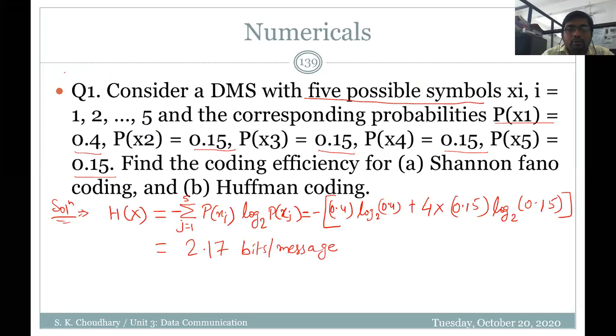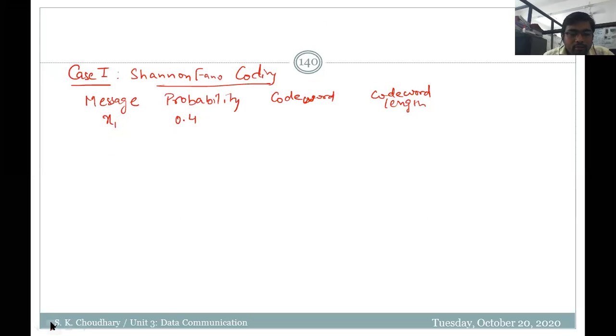Then X2 has 0.15, X3 the same value 0.15, and X4 and X5 also have the same probability 0.15. Now you have to generate the codes for the corresponding source symbols.